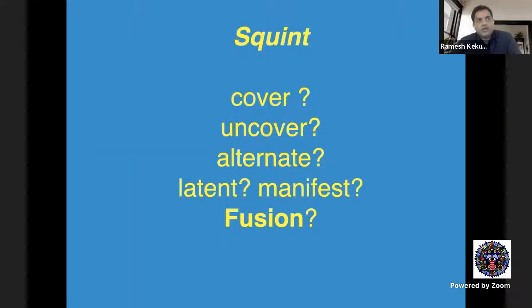I will come to abnormal head posture a bit later. I would like to show some more. Before that, residents most often get confused with squint meaning cover, uncover, alternate, latent, manifest, and fusion. With these 6 words, their vertigo and spinning in the head already starts. But one thing I must tell you, which happened to all of us when we were residents: while reading strabismus, you understand everything.